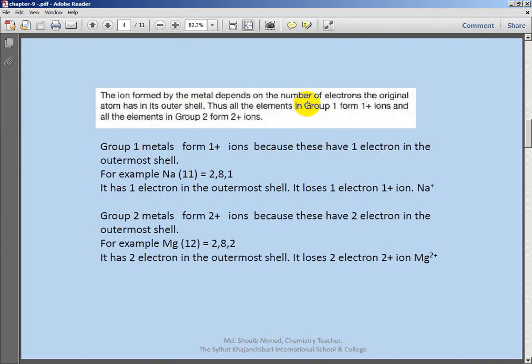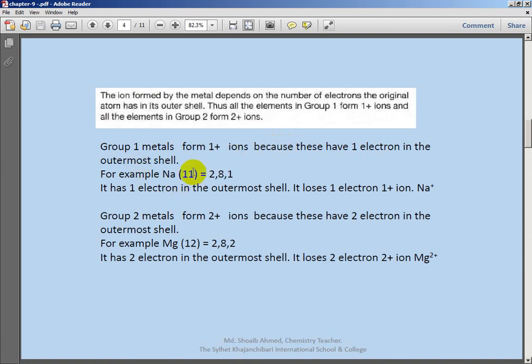Group 1 metals all have 1 electron in the outermost shell: lithium, sodium, potassium, rubidium, cesium. So they will form 1 positive ions. Group 2 elements, beryllium, magnesium, calcium, have 2 electrons in the outer shell, so they form 2 positive ions.